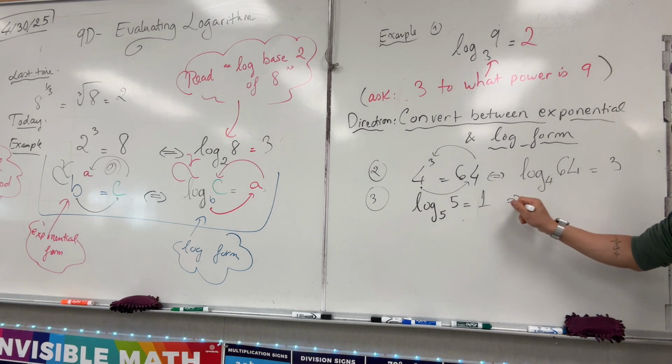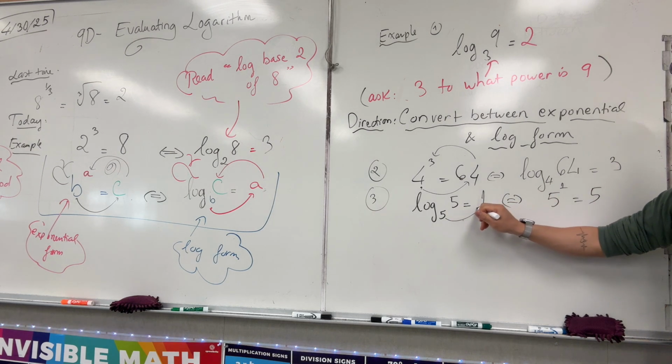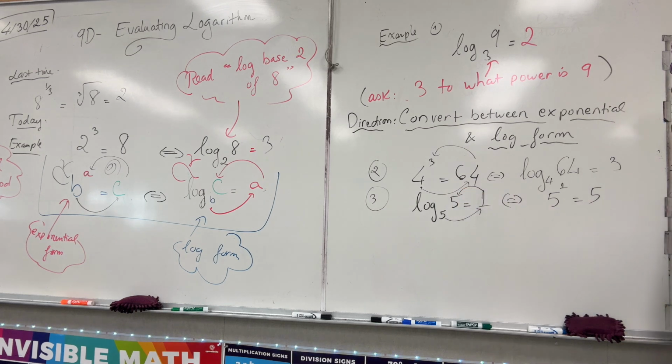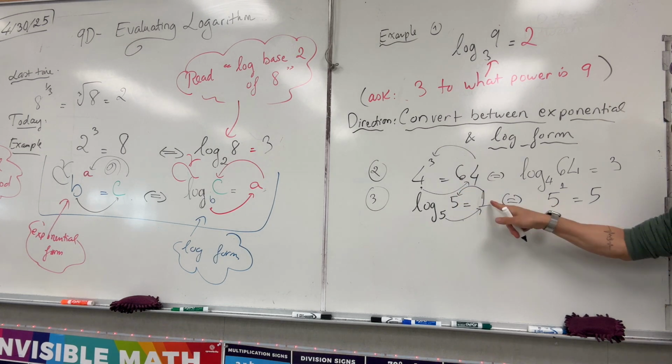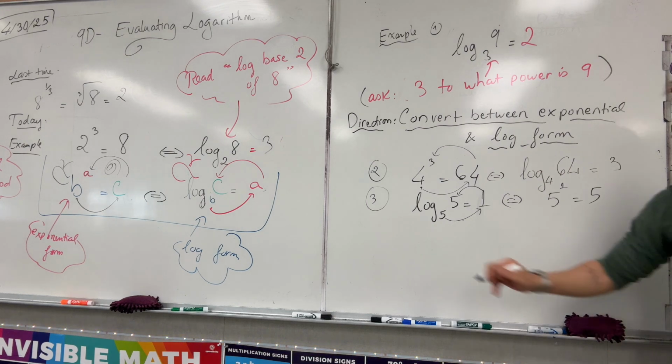Okay, Nico, convert this one. 5 to the power 1 is 5. That's how you convert it. Good job. So 5, go to 1, come back to 5. So 5 to the power 1 equal to 5. Okay? Easy?